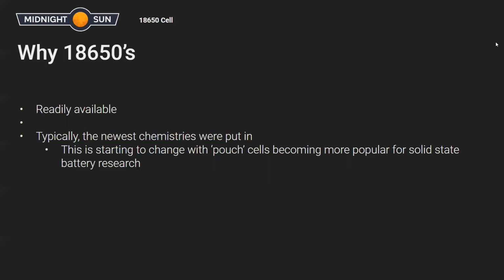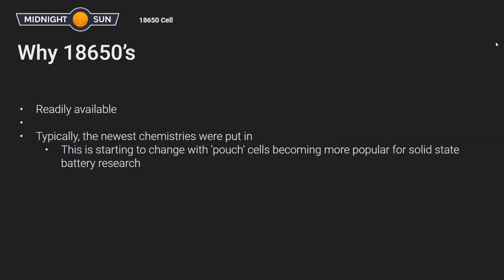Lots of online shops will sell them. They're pretty commonly used in vaping as well. But typically the newest chemistries are put inside 18650s because they're easy to manufacture. It's just one roll of a material that gets rolled up and stuffed inside, and then you have your 2 terminals on either end.